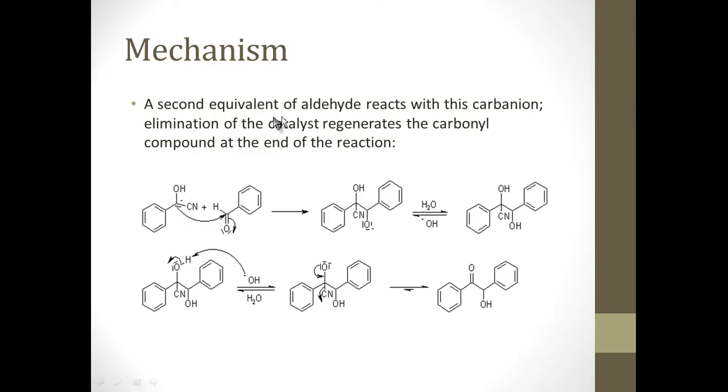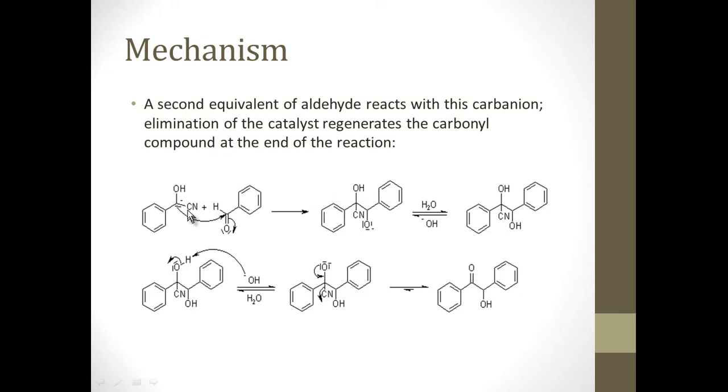Another aromatic aldehyde would react with this carbanion, and elimination of the catalyst regenerates the carbonyl compound at the end of the reaction. So at the end of the reaction, the catalyst will be regenerated and we will get the product.